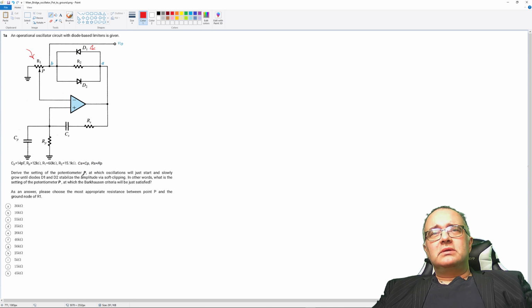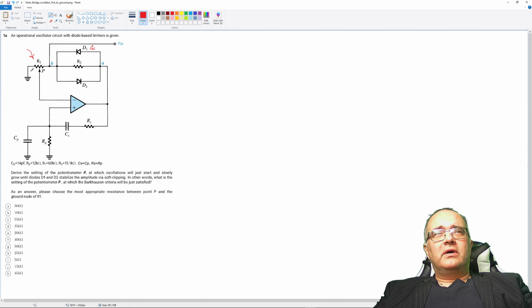In other words, what is the setting of the potentiometer P at which the Barkhausen criteria will be just satisfied? As an answer, please choose the most appropriate resistance between point P and the ground node of R1. So this is the ground node of R1.